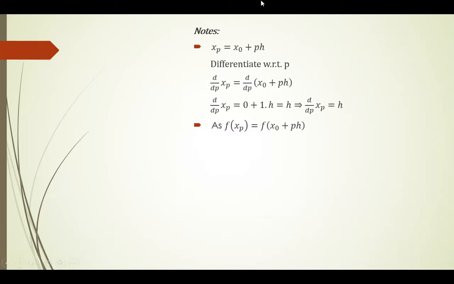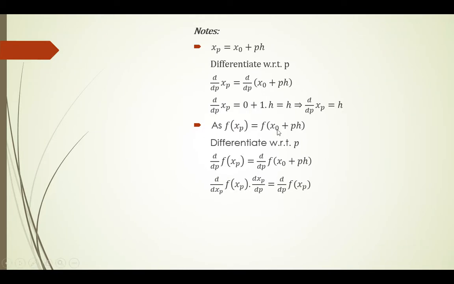Now apply f on both sides of this equation, so that will become f of xp is equal to f of x naught plus ph, and differentiate this function with respect to p. So apply d dp on both sides. We see that this thing d dp of f of xp can be written in this form. We have split this derivative by chain rule. This can be cancelled out, and the same d dp will be here.